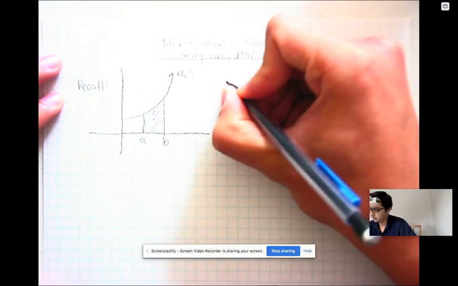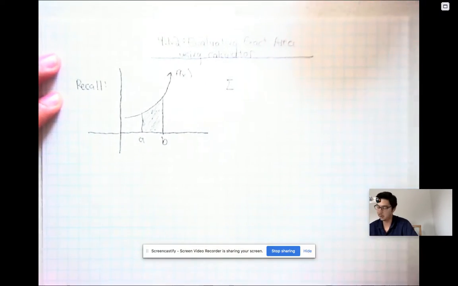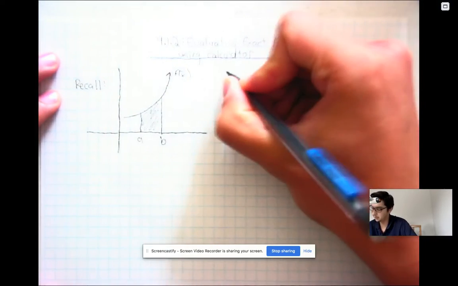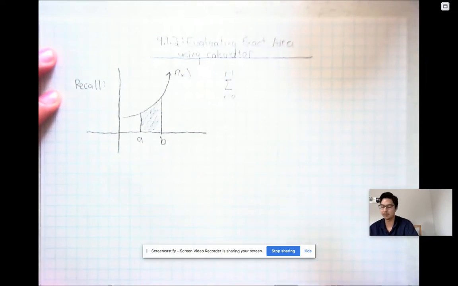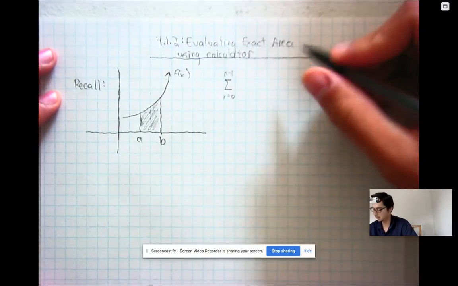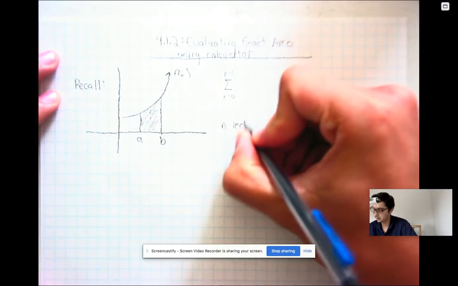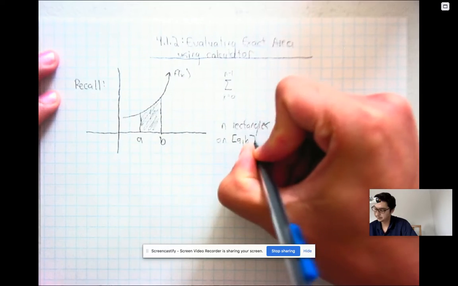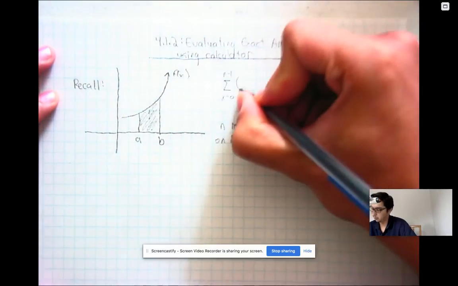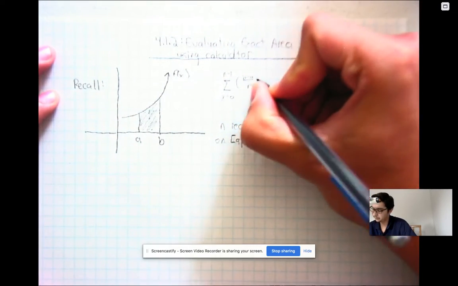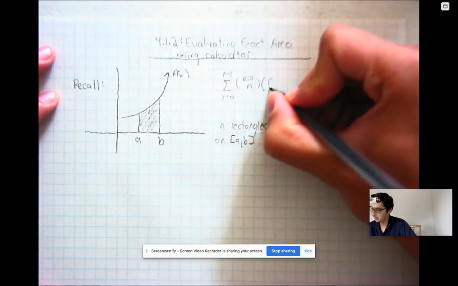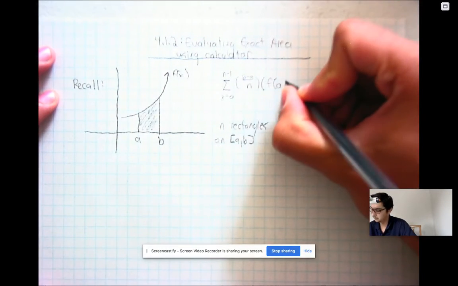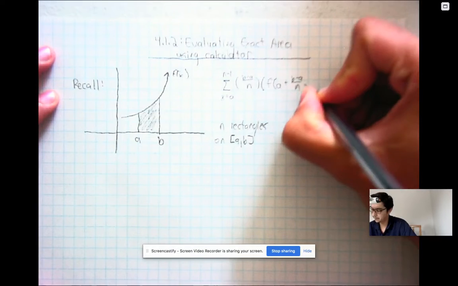We would use the Riemann sum, which goes from 0 up to n minus 1, for n rectangles on the interval a to b. Then we have the width of every rectangle times the height of every rectangle, as follows.